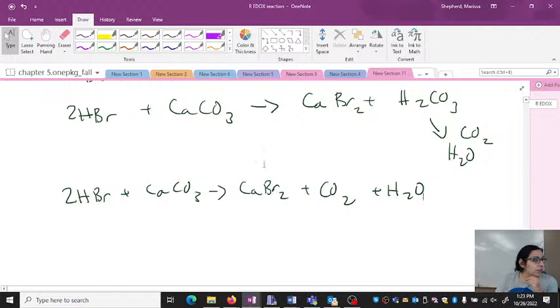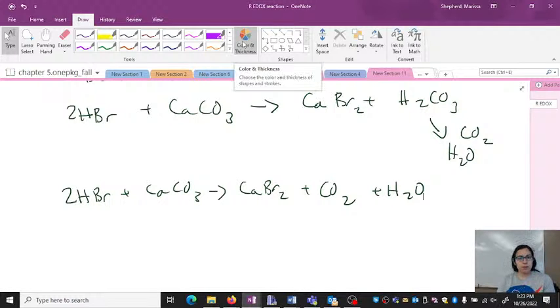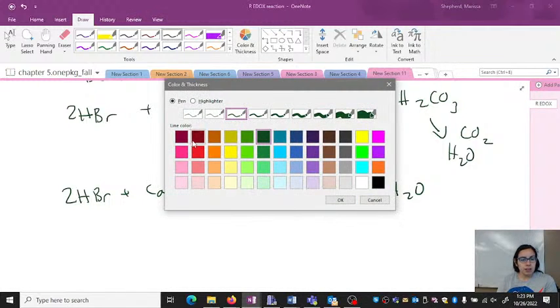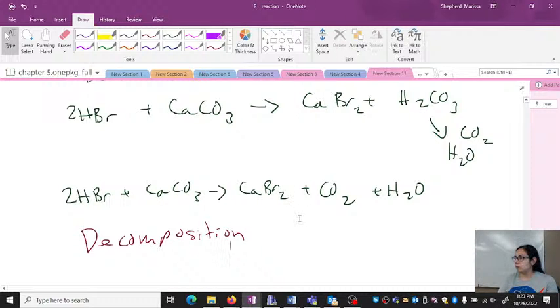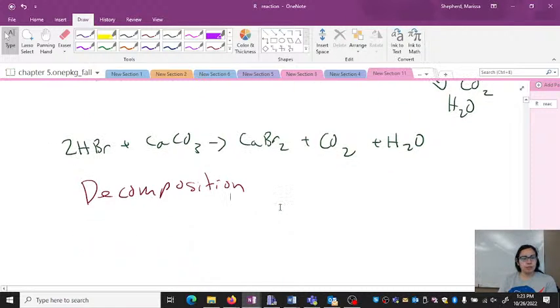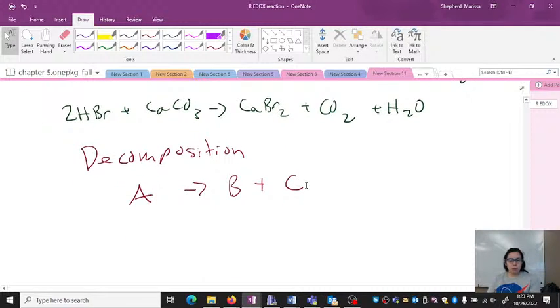And then last but not least, so we don't forget it, is the decomposition. How do we recognize a decomposition reaction? It splits from one compound into two elements, so it goes from 1 to 2, or maybe even more.